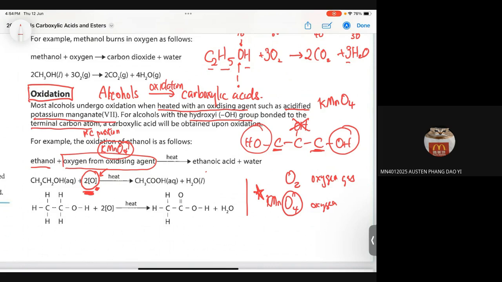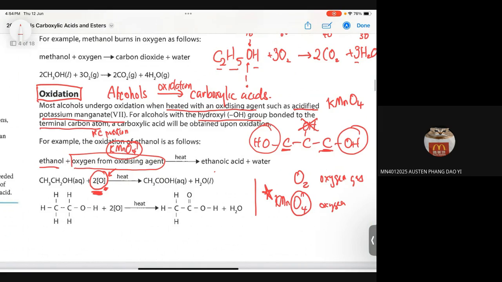Okay, now I want to go into the reaction. I want you to focus here. Can you see this is the terminal carbon? Look at what happens to the terminal carbon.